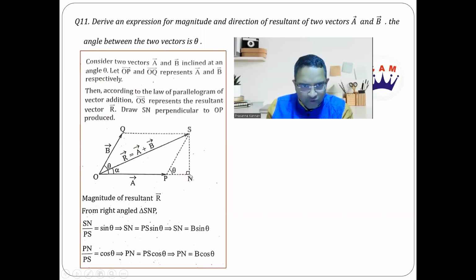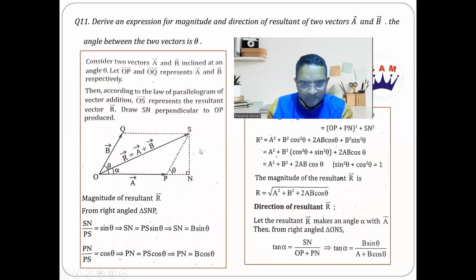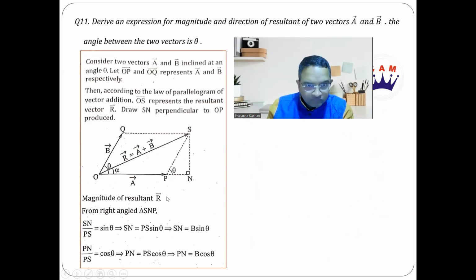Now the construction: draw SN perpendicular to OP produced to meet at N. Then the magnitude of the resultant R is given from the right angle triangle SNP. We have SN divided by SP, which is opposite by hypotenuse, nothing but sine of the angle theta. So sin theta is equal to SN by PS, or SN is equal to PS sin theta.